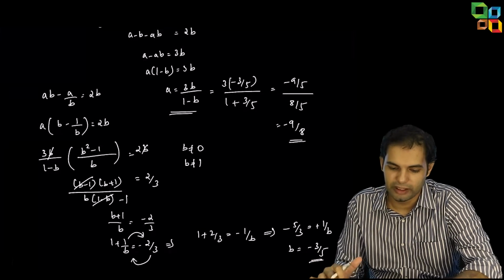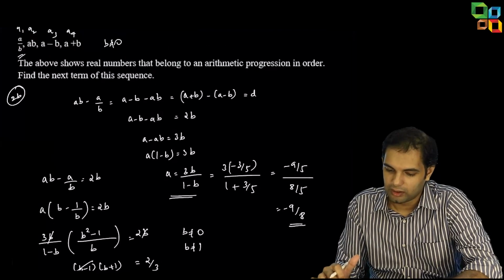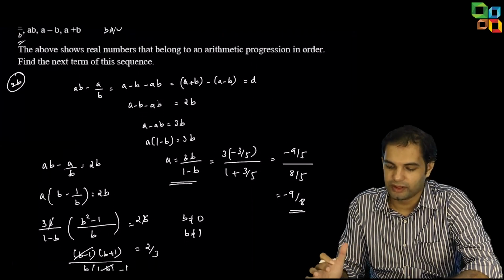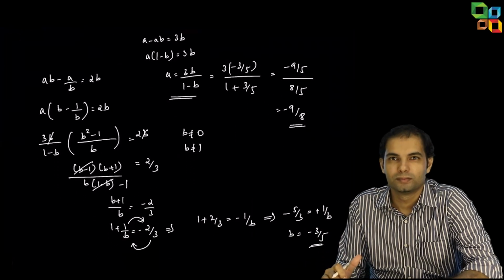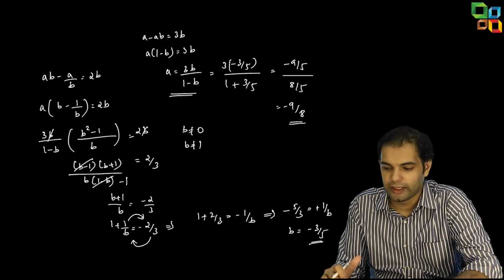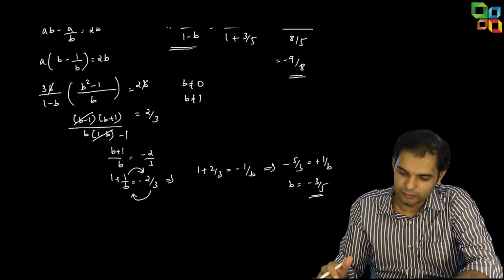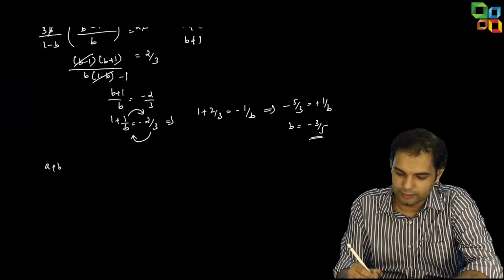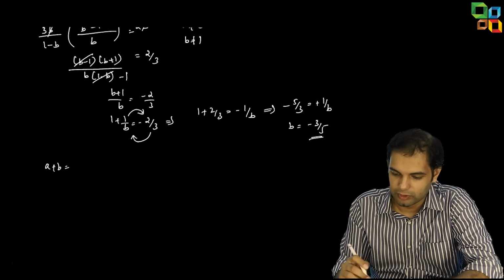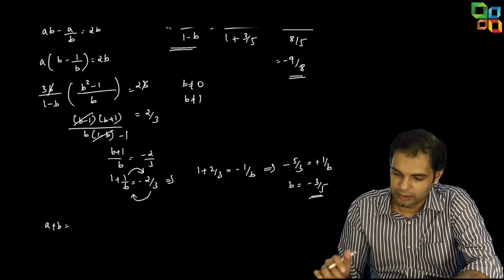So we got a, we got b. I think all the terms belong to the sequence. Find the next term of the sequence. For the next term, we first have to figure out what is a plus b. What is a? A is minus 9 by 8.